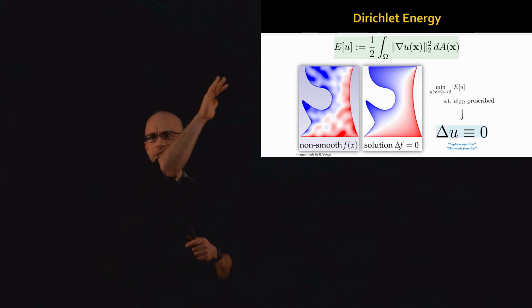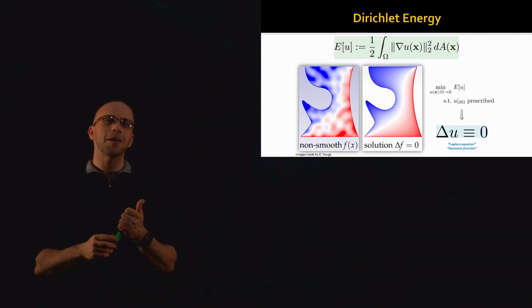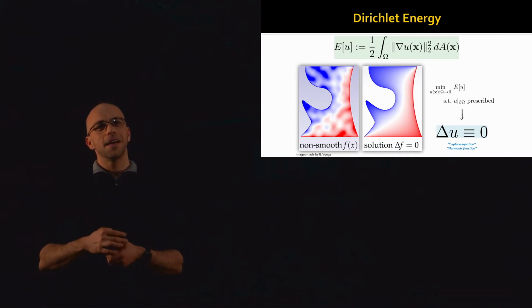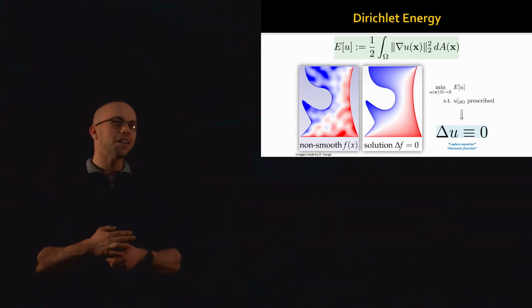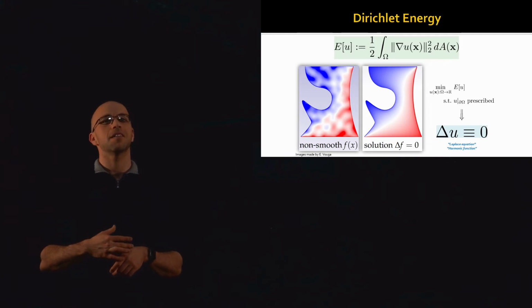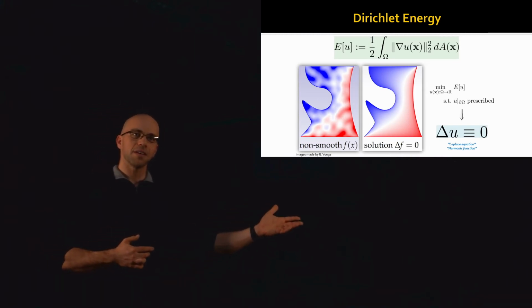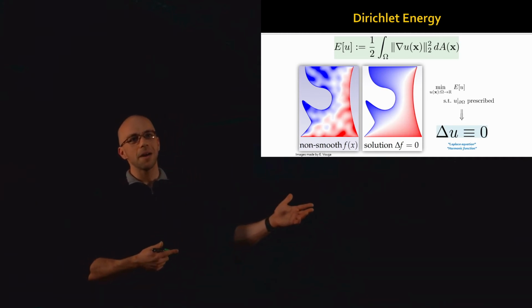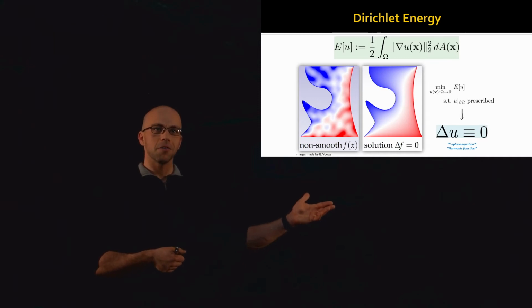So the Dirichlet energy measures something about the total amount of first derivative hiding inside of a function in a domain. And it turns out that the Dirichlet energy also gives us some way of motivating the Laplace operator. In particular, on the right-hand part of this slide here, I give you an optimization problem. I'm going to prescribe the values of u along the boundary of a domain.